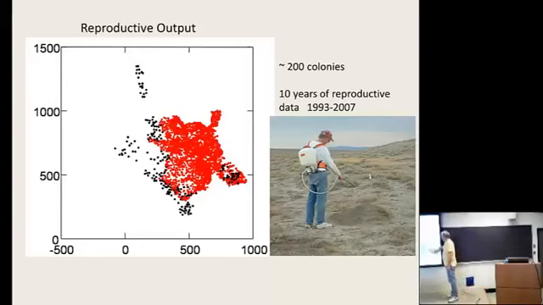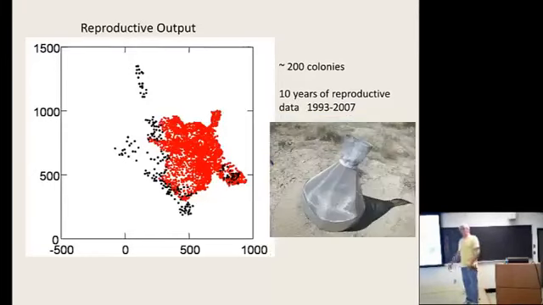So we go out to colonies with a backpack sprayer full of water, and water it. It works. The next day, they send out the reproductives. We catch them in a reproductive trap. It's basically a fish trap.